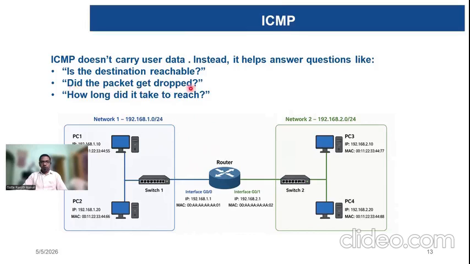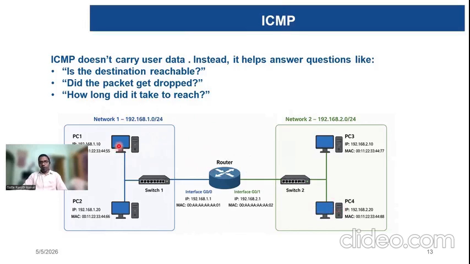So will there be any packet drops, and how long does it take to reach the destination? In order to know that, the ICMP protocol will send the data packet from the source system to the destination, and in return, the destination will reply to the source.